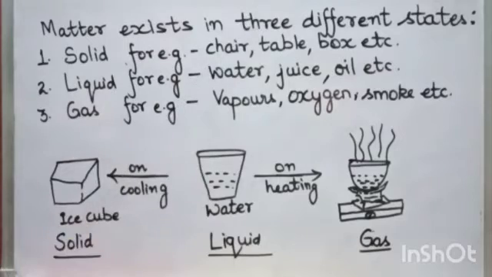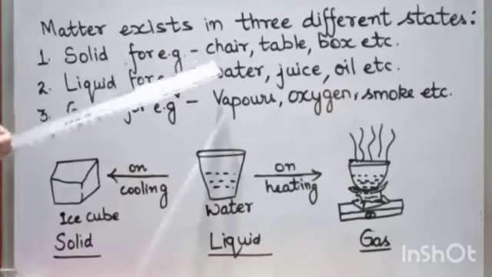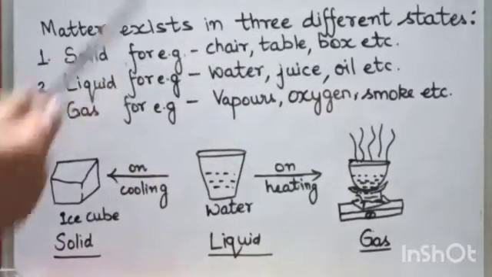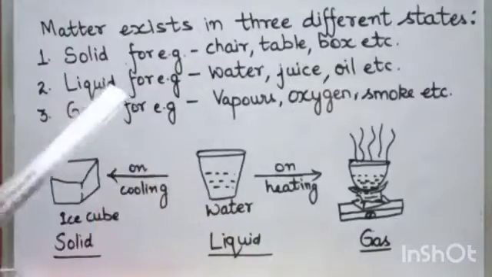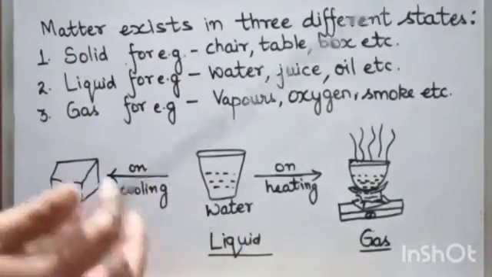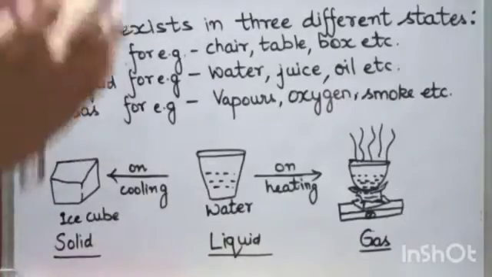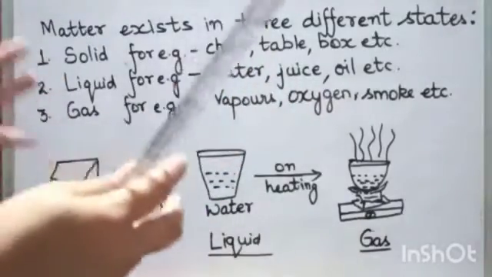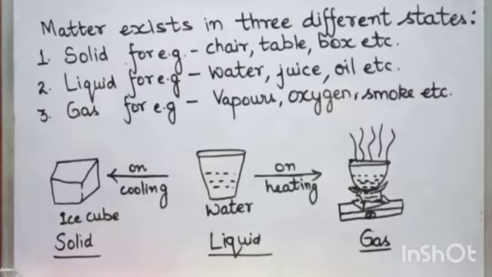Now matter exists in 3 different states. What are they? Solid, liquid and gas. Let's see examples of solid. Chair, table, box, blackboard, scale, wall, brick. They all are solids. Solids have a definite shape and they are rigid. Now the second one is liquid.